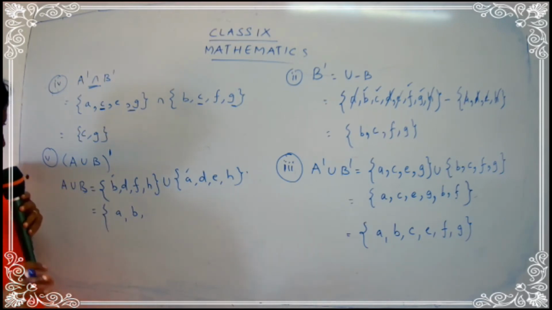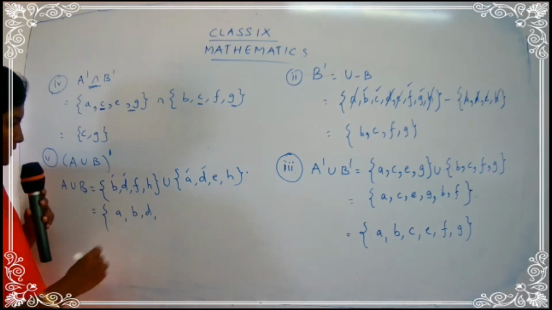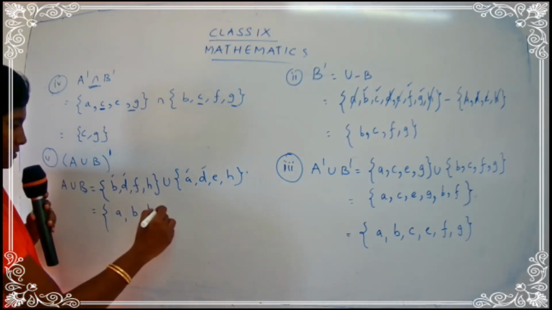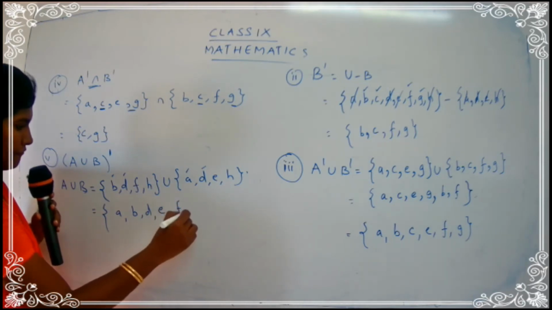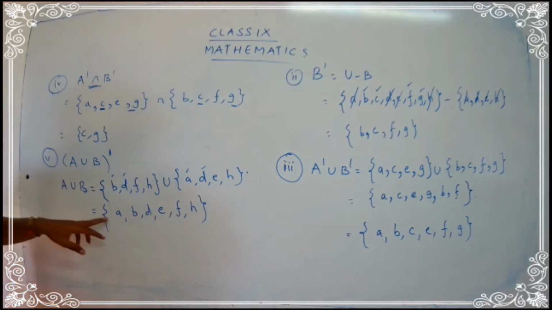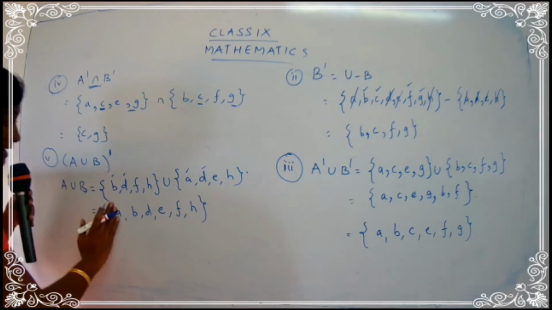A, B, C is not there. D, D two times it is coming, so I am going to take it as once. A, B, D, E, F, H. If you have confusion, I will write down once again, no problem.